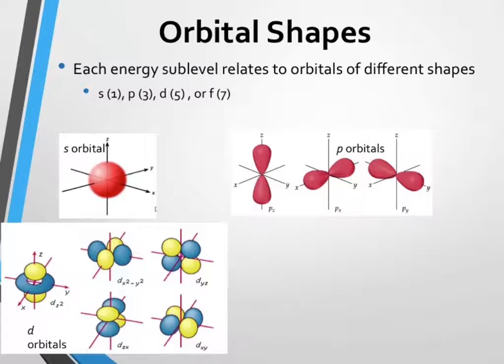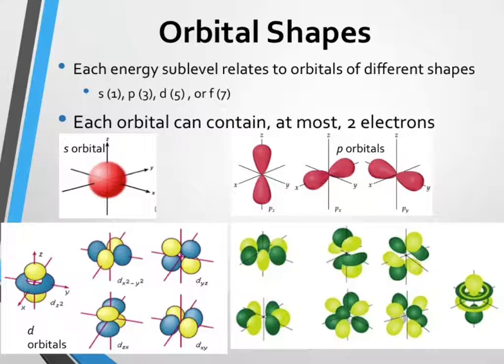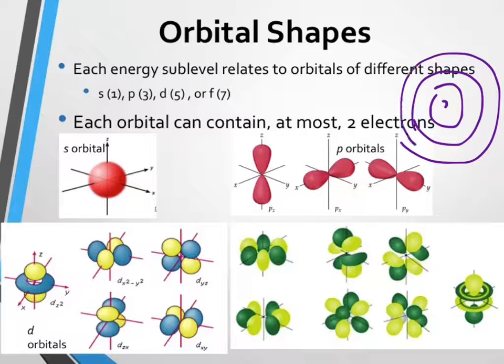Remember we have the 7 shells, and each shell has some sublevels or subshells. There are 4 different sublevels, and not all shells have every one of them. I need you to write these down.